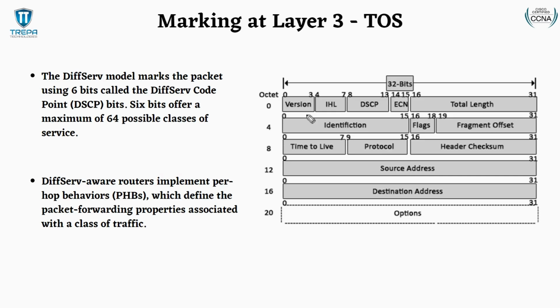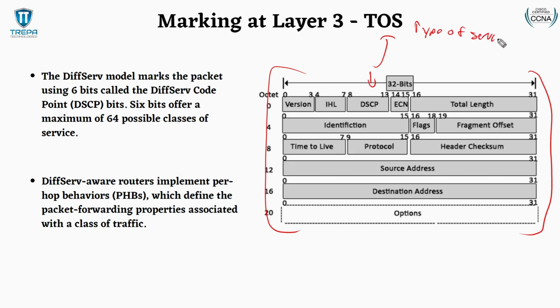So, marking at layer 3. So in that IP header, so this is an IP header, right, guys? There's going to be this field here. It's going to be 1 byte. This is going to be the TOS byte, which stands for type of service.